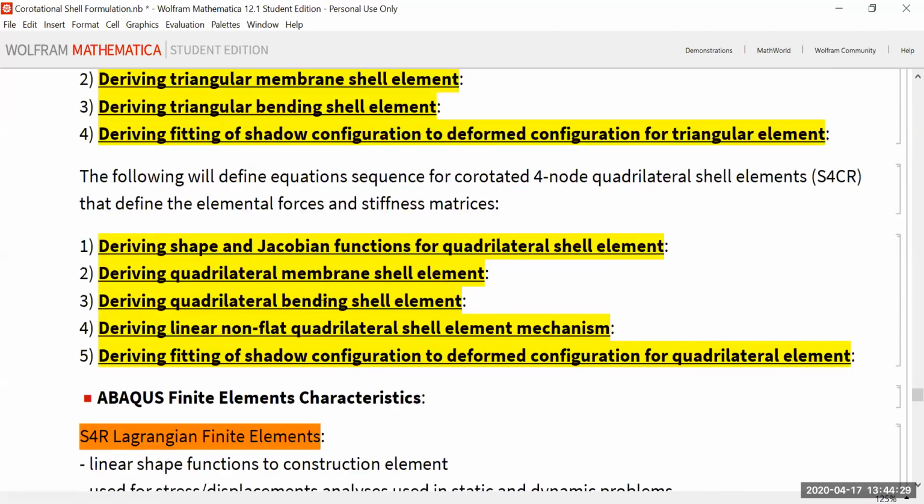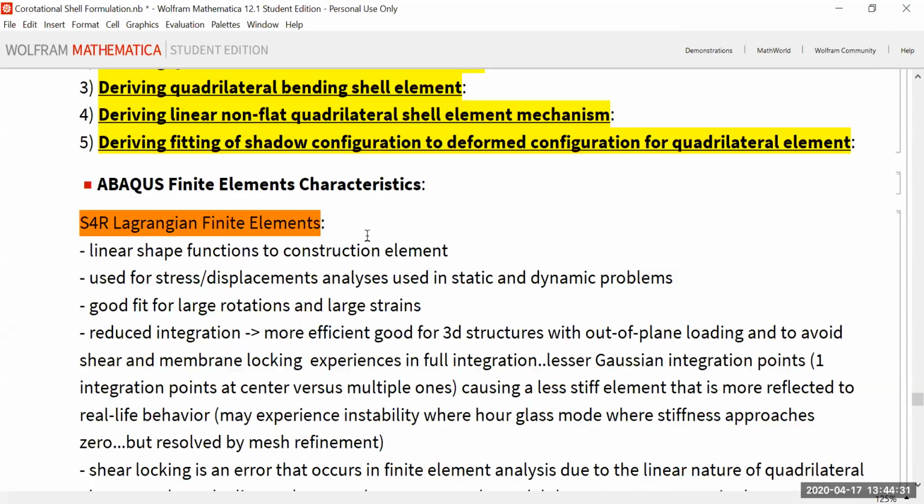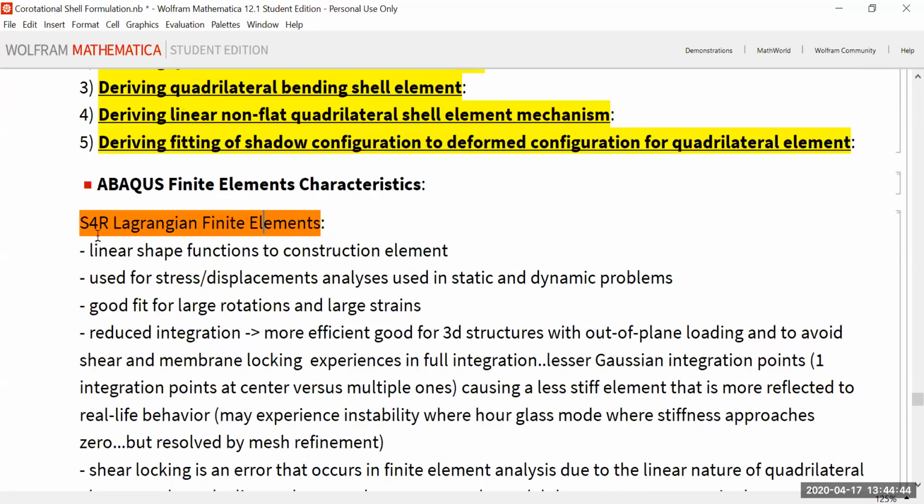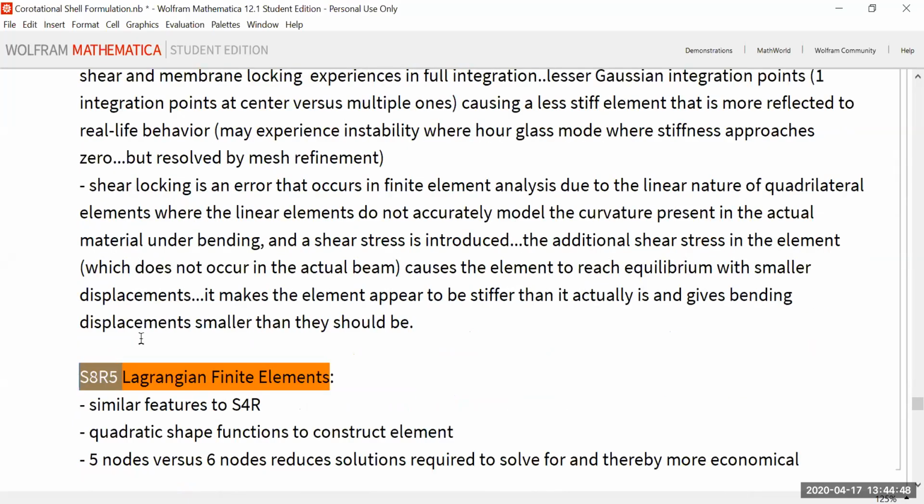All right, so that was everything computational. Now, what I want to do is use Abaqus to compare the performance for the Lagrangian finite elements. The two elements for Abaqus that I'm going to use are S4R and S8R5.